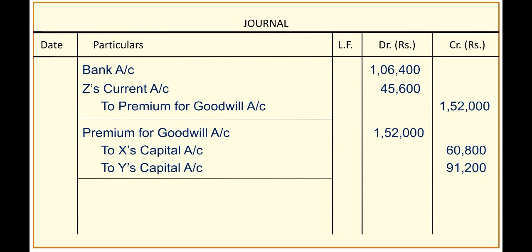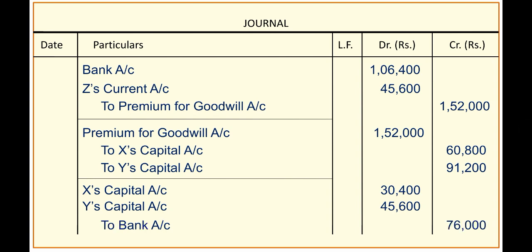Now partners are withdrawing 50%, so 50% of 60,800, X will withdraw, and 50%, that is half of 91,200, Y will withdraw, because they got this much amount in the second entry on this page. Now as they are withdrawing, money will go from the firm, so to bank account 76,000.